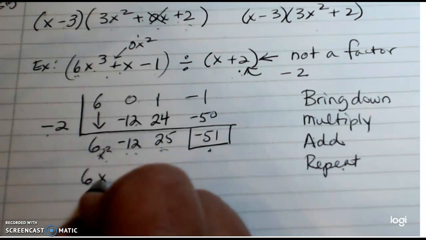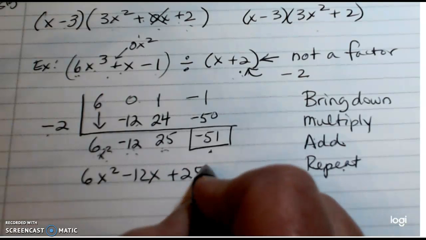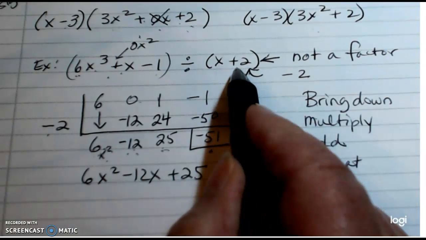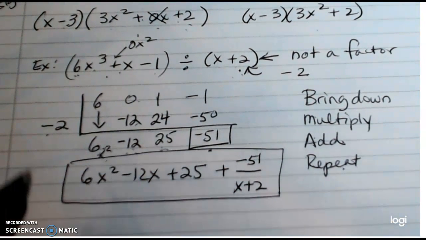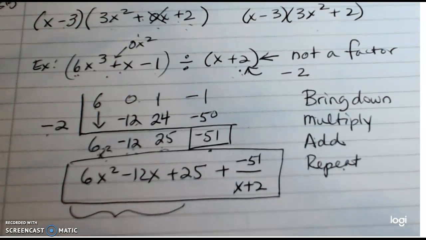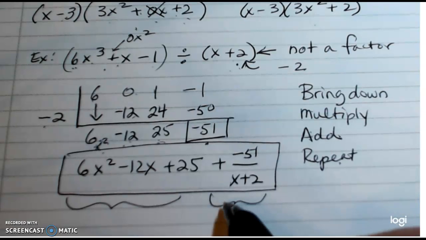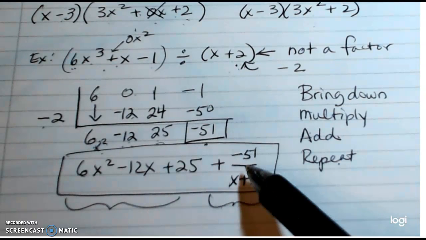So 6x squared minus 12x plus 25 plus a remainder of -51 over x plus 2. So this would be your entire quotient. This portion is called your quotient polynomial, and this is your remainder polynomial. I don't think those terms are necessarily so important. But again, your divisor is not a factor because you had a remainder.